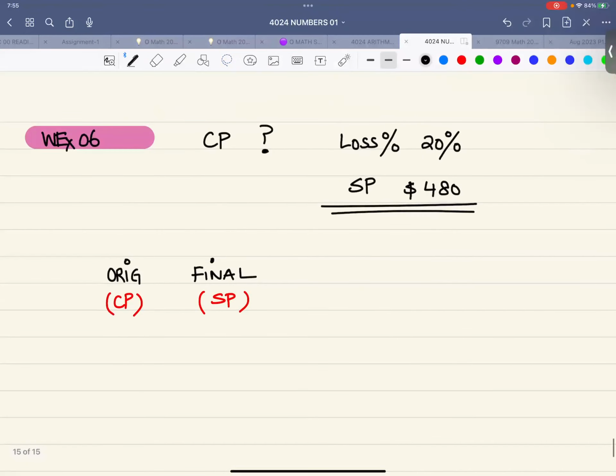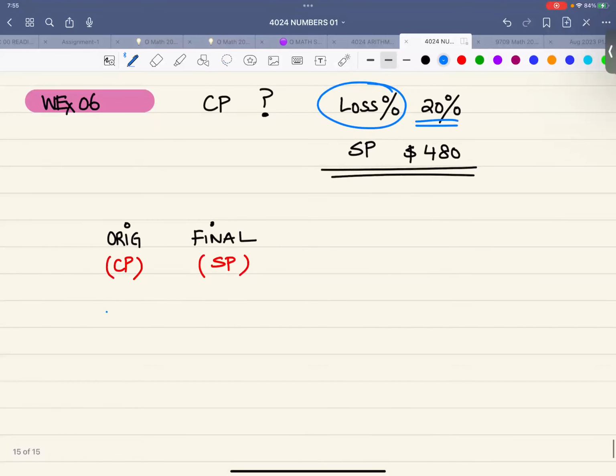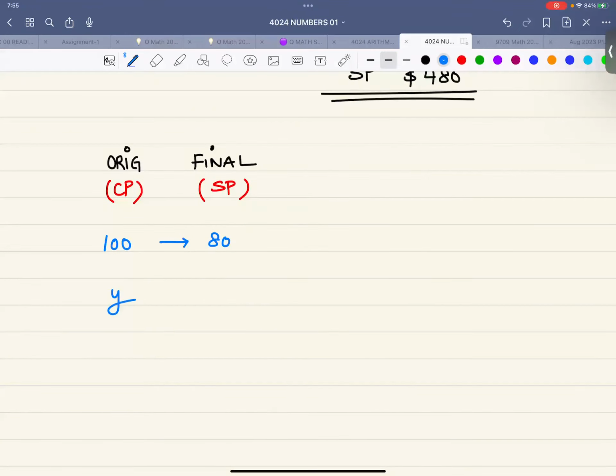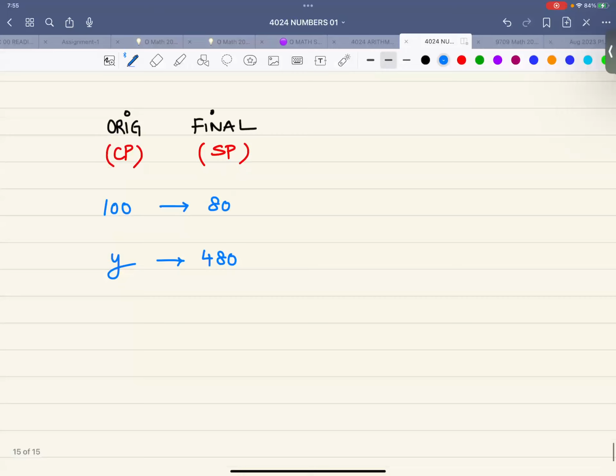If I'm talking about a loss of 20%, that means a $100 value becomes 80. 100 minus 20 is 80. And if the original value is Y, it is becoming $480. Again, the ratio method is there, and that is what we are working out.